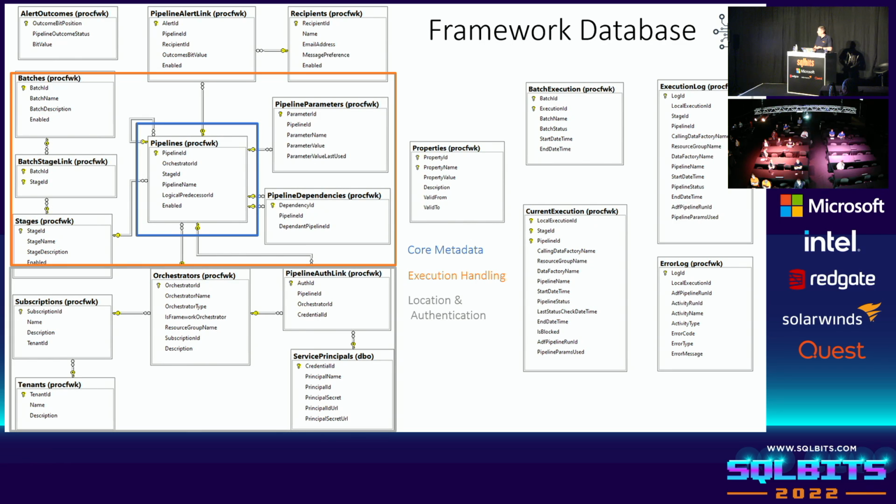We then say at the bottom, I'm going to offer some information that can support that worker pipeline in the form of the orchestrator where the pipeline lives, in Synapse, in Data Factory. But not just that, because we're using Azure Functions as the middleware, we can say which Azure resource group is that orchestrator in, which Azure subscription is it in, even which Azure tenant is it in.